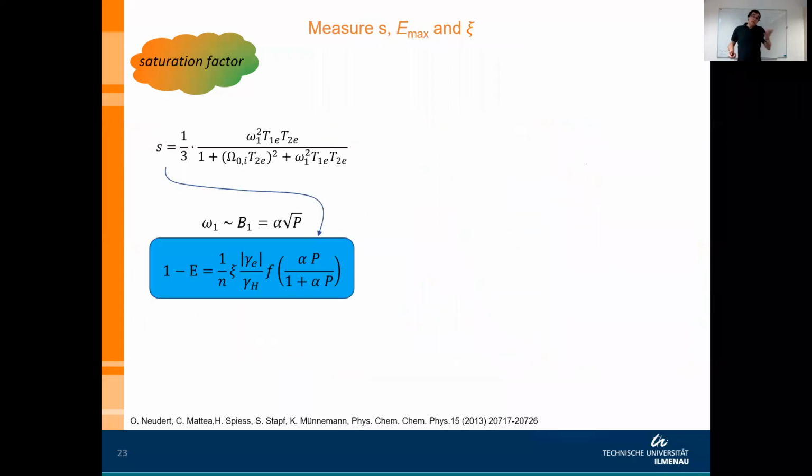And now we can describe how experimentally you can access this factor. I said before that omega 1 is proportional to B1, and this is proportional to the power. This will depend on our resonator. B1 squared depends linearly on the power.